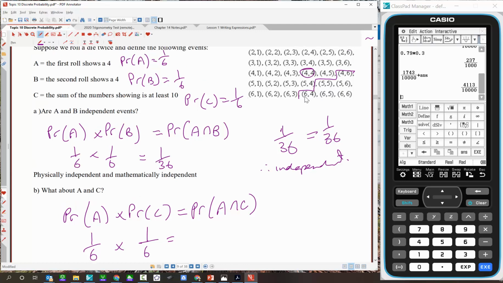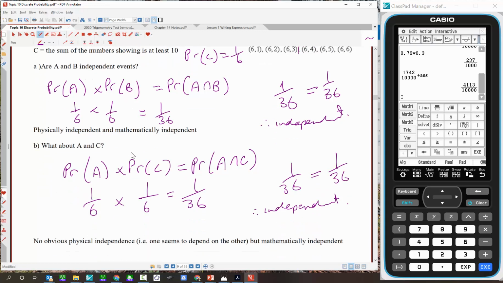So this is the only one with first roll shows a 4. That's 1 in 36. Now, what's 1 6th times 1 6th? That's 1 in 36, the same as 1 in 36. Therefore, these events are independent of each other. That means the first roll showing a 4 has no impact on the sum of the numbers showing being at least 10.